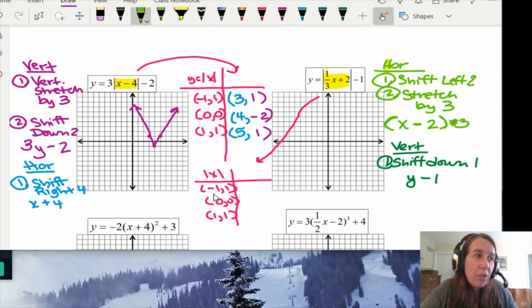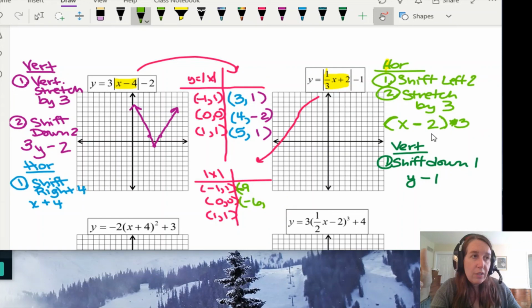Let me double check that. So -1 minus 2 is -3 times 3, yeah, is equal to -9. Then 0. So 0 minus 2 is -2 times 3, that's -6. And then 1 minus 2 is -1 times 3, so that is -3.